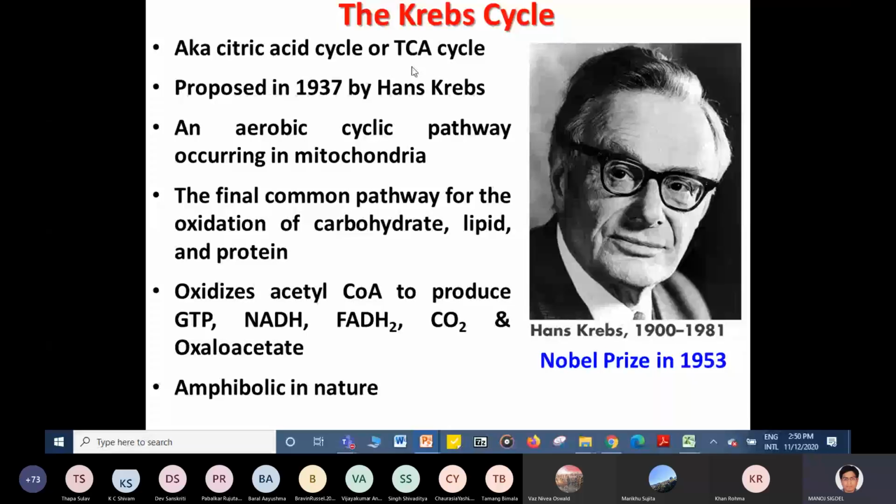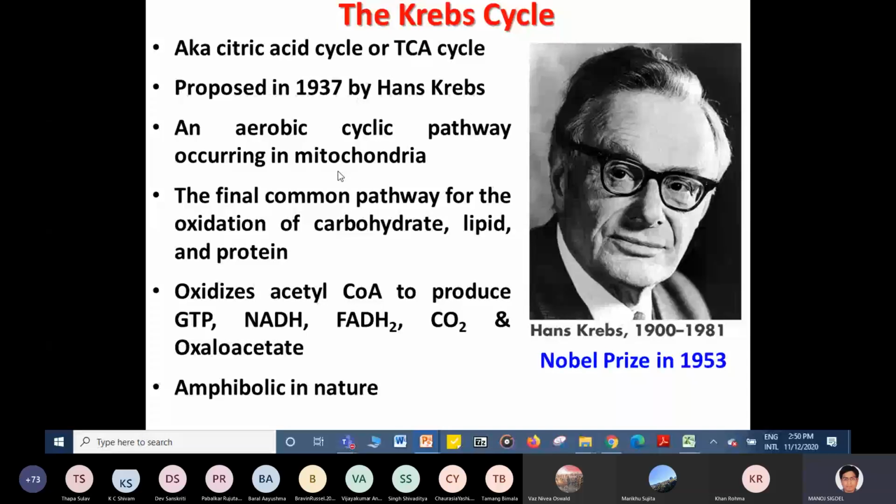Tricarboxylic acid, because citric acid and the other two acids which are formed at the beginning of the cycle are tricarboxylic acids. That's why this is known as the tricarboxylic acid cycle. Citric acid is the first product formed in the cycle. That's why citric acid cycle. The Krebs cycle, citric acid cycle, or TCA cycle was proposed in 1937 by Hans Krebs.